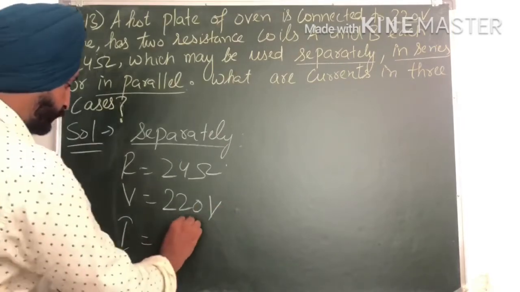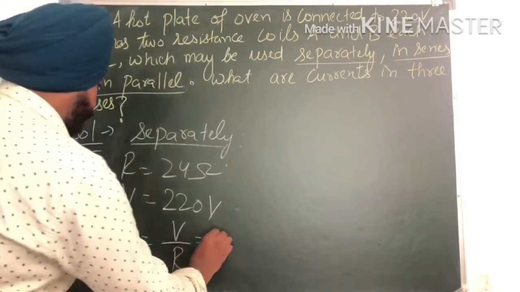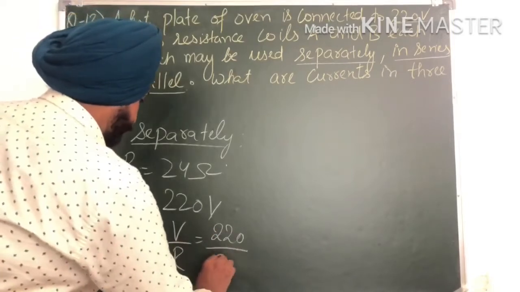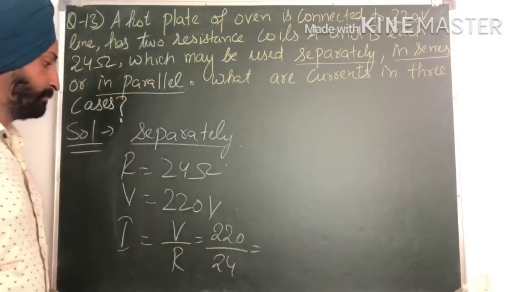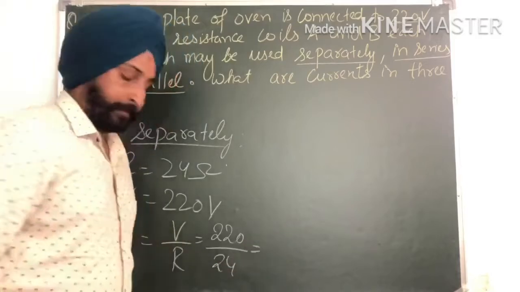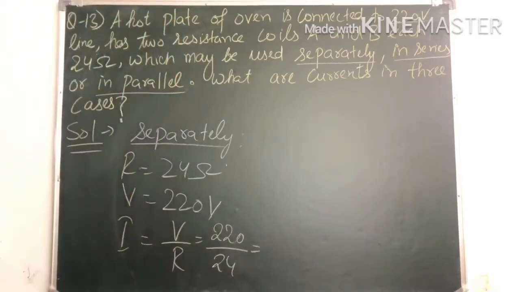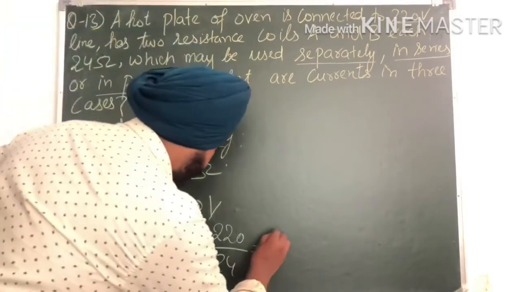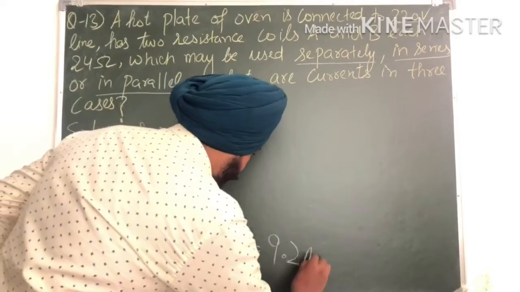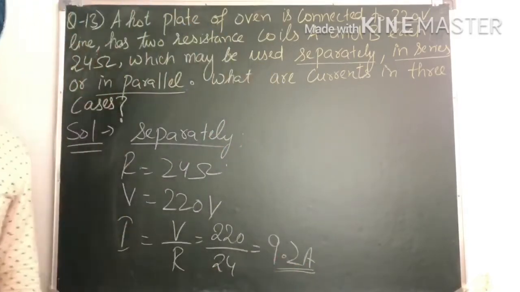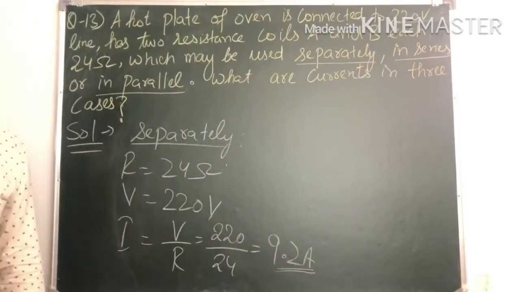I is equal to V by R, so it will be 220 divided by 24, which is approximately 9.2 ampere. So this will be the approximate answer of the first case.